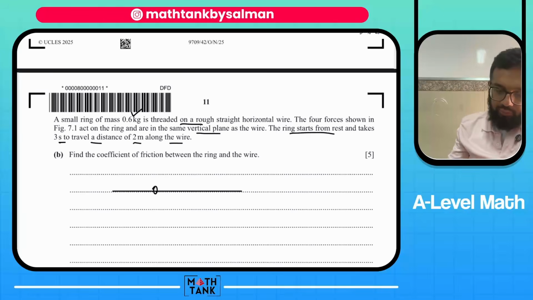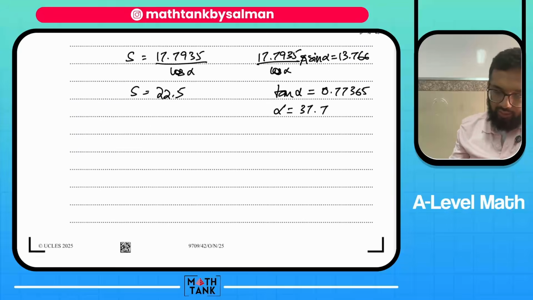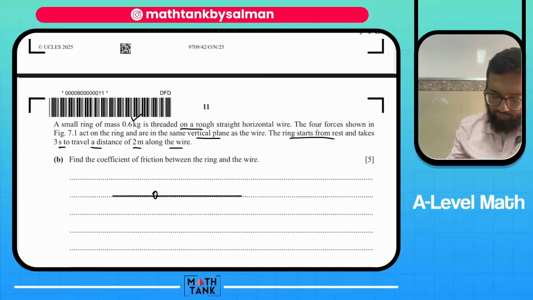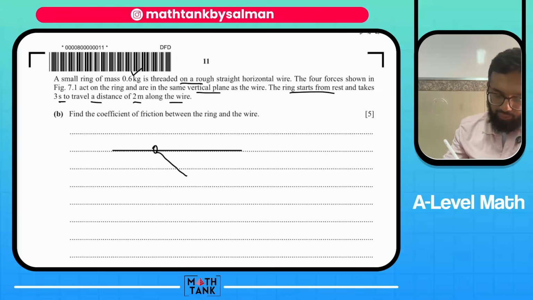If those forces were acting collectively, can I say that the resultant of those forces will look something like this? So the ring was being pulled down like that. There was mass for the ring also involved, which was 0.6. There was a coefficient of friction, and then there was a frictional force also involved. And this was alpha. So what is going to happen?